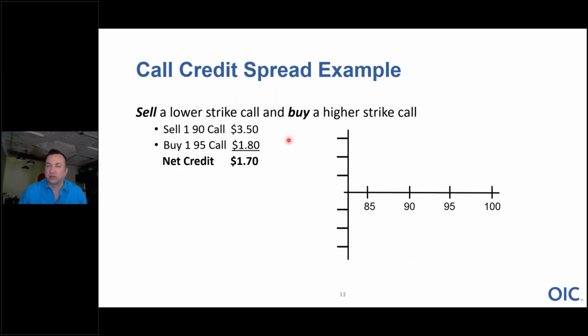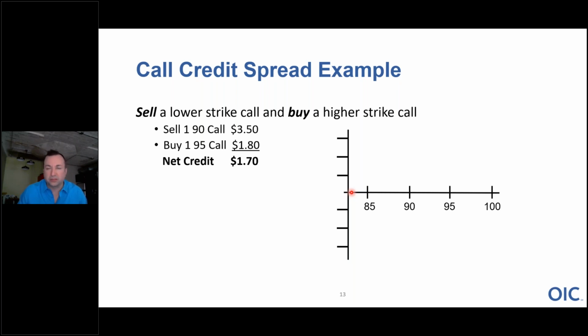And I'm just going to go ahead right now. When we draw these P&L graphs, we're going to see a lot of them today. Stock price here along the horizontal axis and profit and loss here along the vertical. All of these are drawn with the assumption that we've reached expiration, because at expiration, there's no more time left.